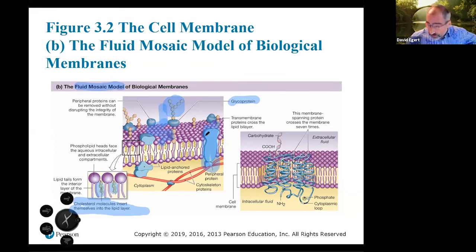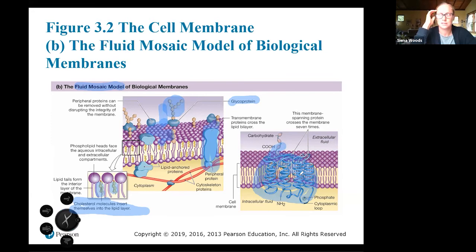Some of these, this thing here is supposed to be a membrane protein showing a little more detail with these 7 transmembrane helices. Does anybody remember what the helices result from? Why are there helices in this protein? The alpha.